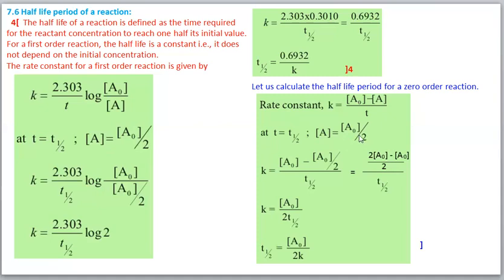The same condition we can write here. So substitute this value in this equation. So we'll get K is equal to A0 as it is, instead of A we can write A0 by 2, divided by, instead of T, we can write T half.